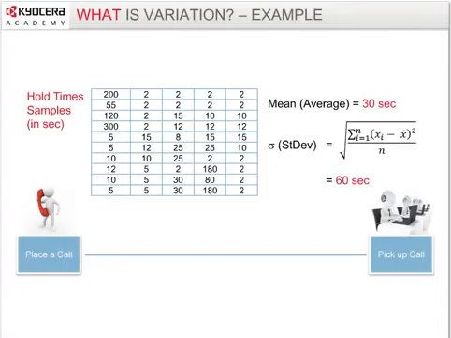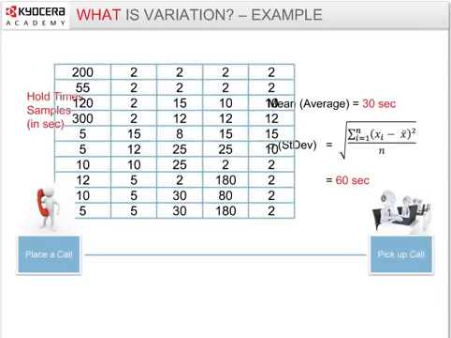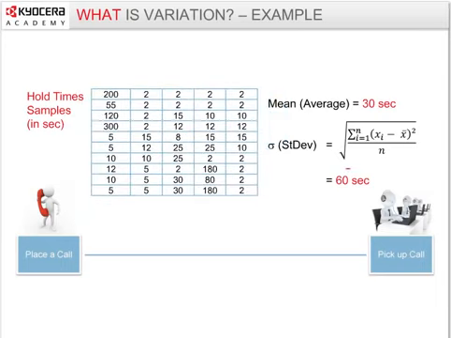In statistics, the standard deviation is a measure of dispersion, that is determined by taking the square root of the sum of the squared differences of each value from the mean, divided by the total number of values or observations. In this example case, it means that each individual value of the sample data varies or deviates 60 seconds on average from the mean, that is 30 seconds.